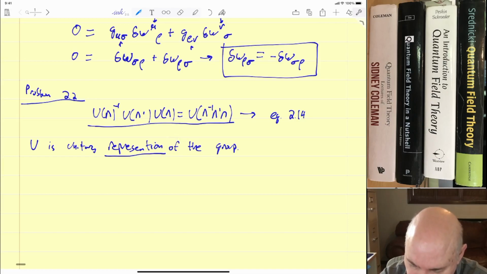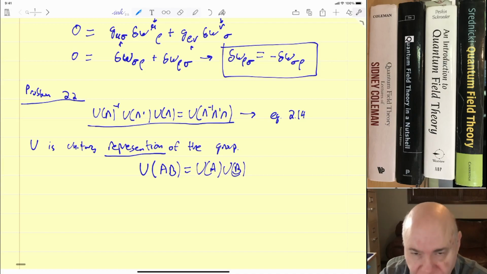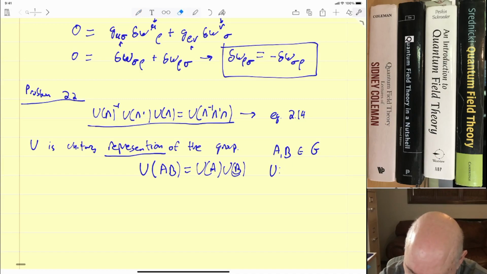And whenever you have a representation of a group, it means that U of AB is equal to U of A times U of B. That's the definition of a representation, where A and B are group elements, and U maps from the group to the operators.